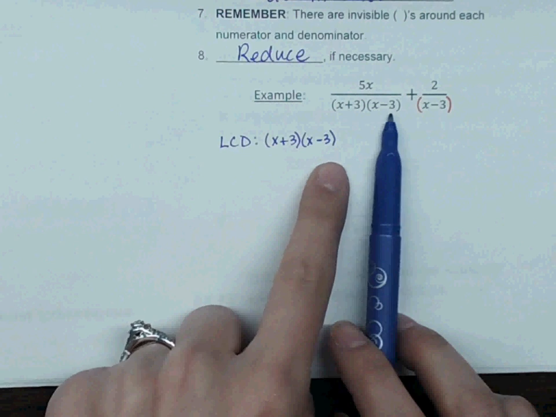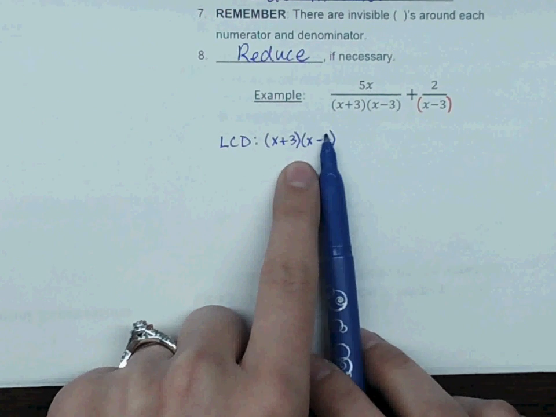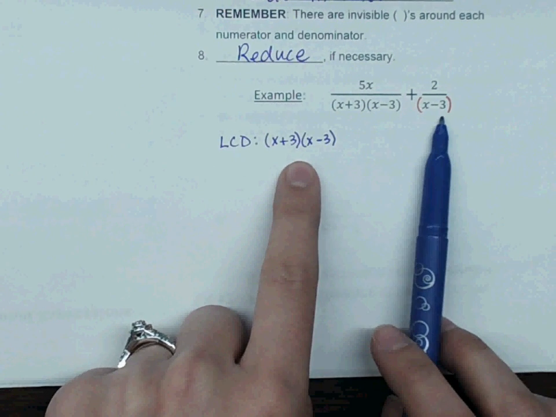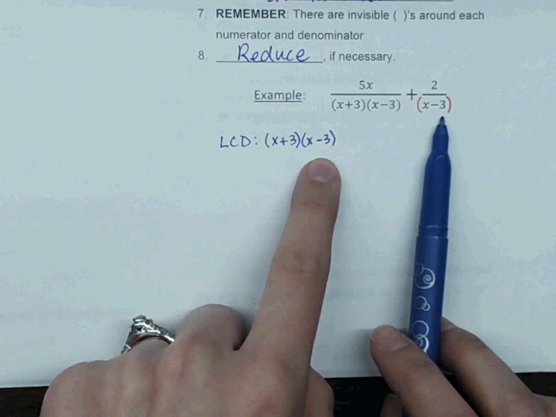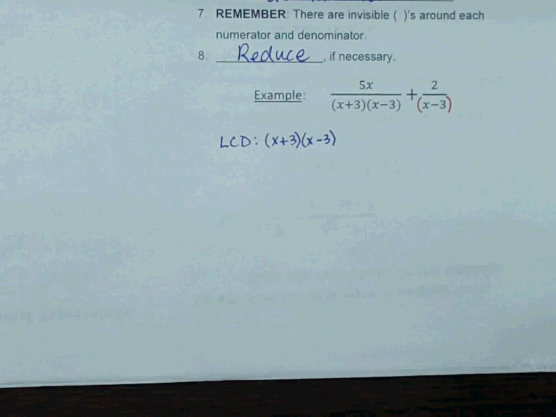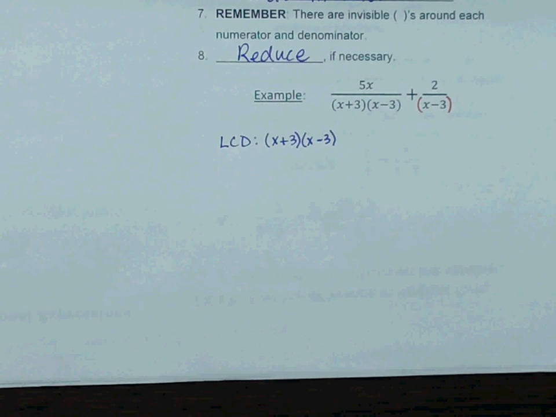This person has an x minus 3, so I want to have an x minus 3. This person wants an x minus 3, but I've already got that, so I'm good. I don't have to write it again. So hopefully that helps finding your LCD, but basically you just want one of everything that each person has. So once you know your LCD, that's what you're trying to become.